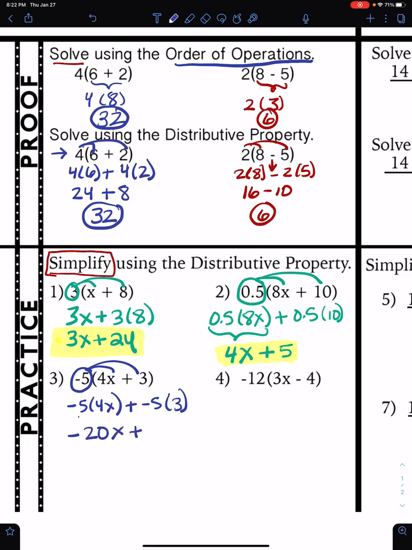And then I have negative 5 times 3, which is negative 15. I would accept this answer. This is correct, negative 20x plus negative 15. But we know that's the same thing as negative 20x minus 15, which is probably the more common, better answer, and the one you would see like in the back of a textbook where they have answers.